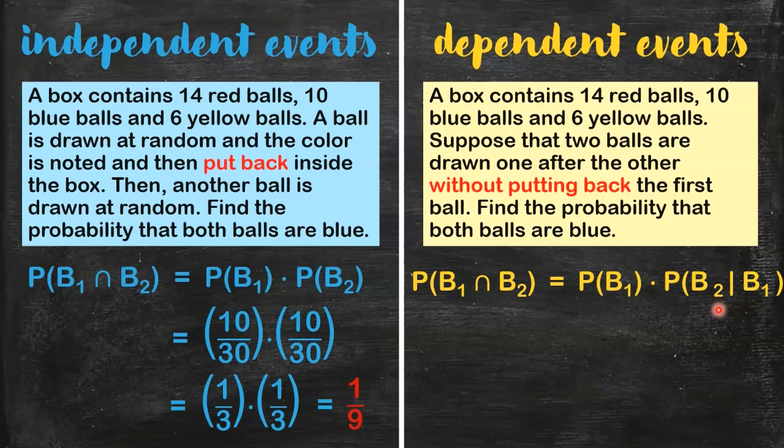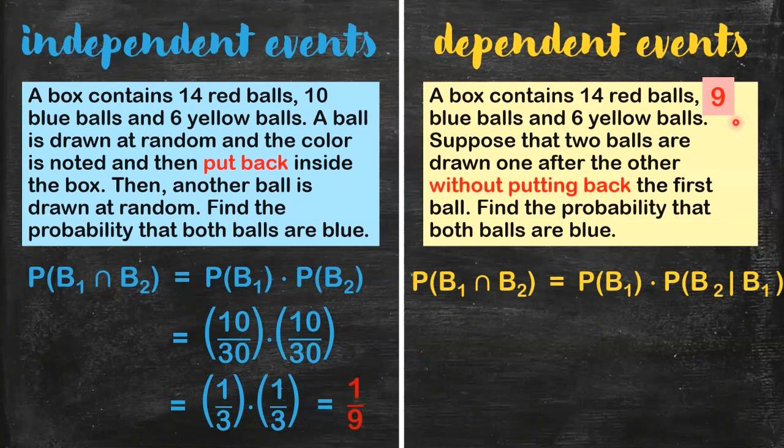Okay? So, since hindi sinole yung first blue ball, ilang blue balls na lang ang nasa box? Hindi na 10, right? It becomes 9. Okay? So, ibig sabihin, you have 9 blue balls to choose from.